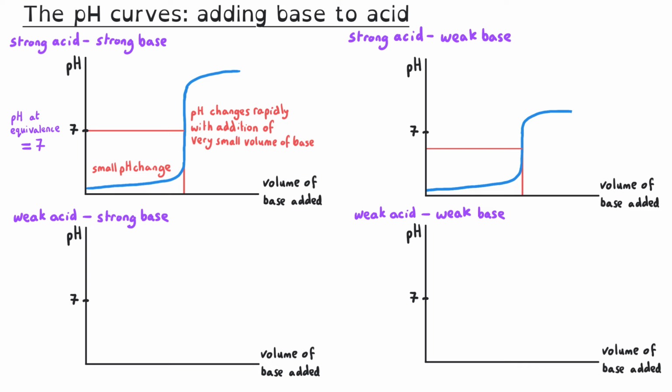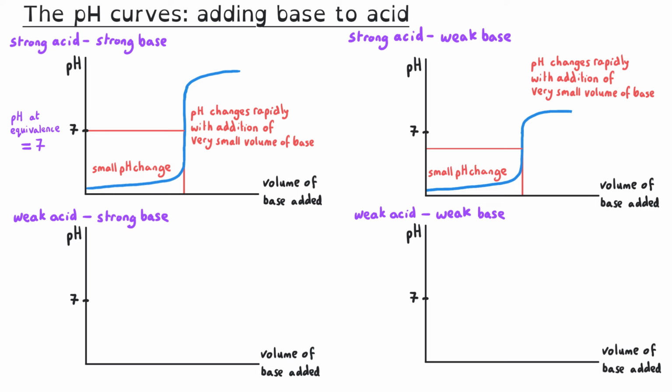For a strong acid weak base titration, again the pH starts low and it increases gradually until we reach the equivalence point. Again, I'm showing the equivalence point here, and then the pH changes rapidly and we finish with a pH that is not so high as before because we were adding a weak base to our strong acid, so we finish with the pH of a weak base.